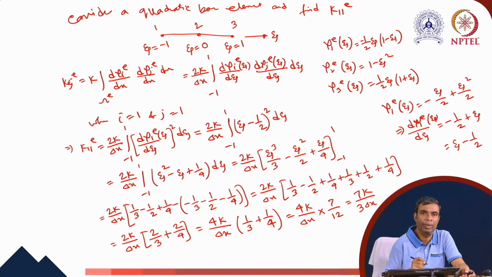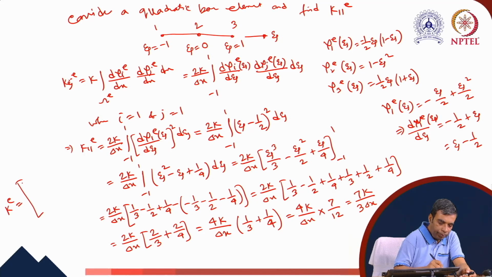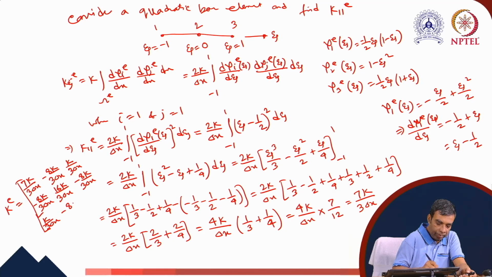We have already solved some problems. In week 3, we got our conduction matrix Ke equals: 7k by 3 delta x, minus 8k by 3 delta x, k by 3 delta x; minus 8k by 3 delta x, 16k by 3 delta x, minus 8k by 3 delta x; k by 3 delta x, minus 8k by 3 delta x and 7k by 3 delta x.